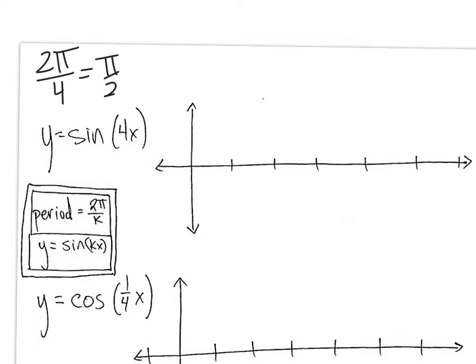So normally we would say 0, pi over 2, pi. But what this is telling us is that from 0 to pi over 2, the sine graph is going to make one complete oscillation. So it would go up and down and up.